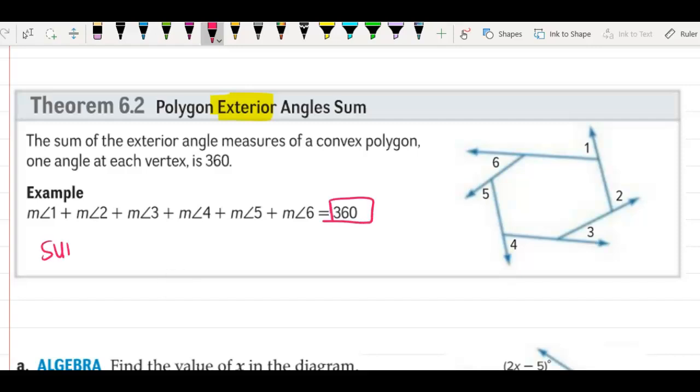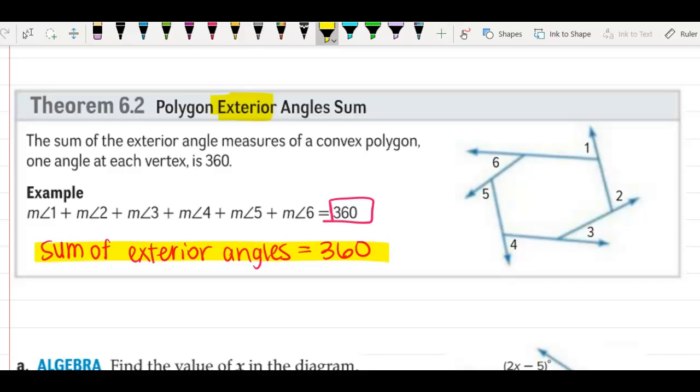So the sum of exterior angles equals 360. This is true for any convex polygon, whether it has 3 sides, 7 sides, or 100 sides. It does not matter.